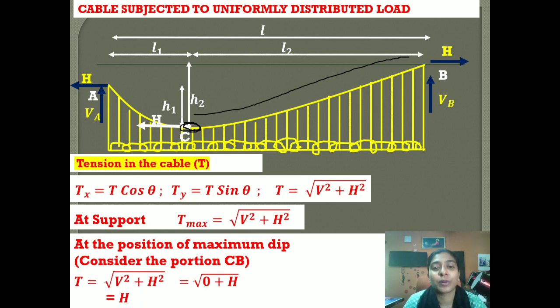The tension will make an angle of 0 degrees with the horizontal. Our tension will lie horizontal. So the vertical component is equal to 0. Therefore at C we will have only the horizontal component, and that will be equal to H.